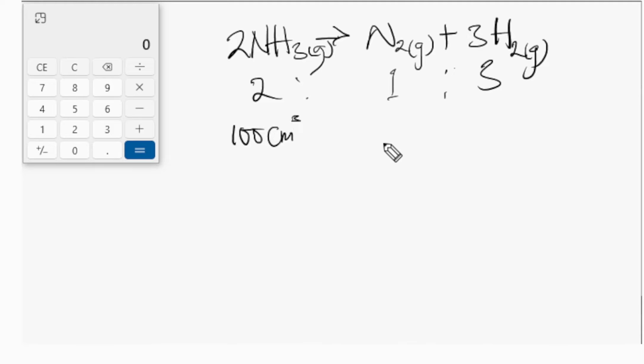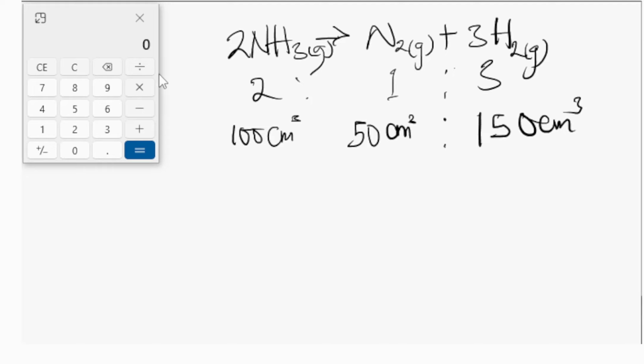it means that the volume of this nitrogen will be 50 cm cube, since it's half of this, and then the volume of this hydrogen here will be 150 cm cube, guys, in this case.